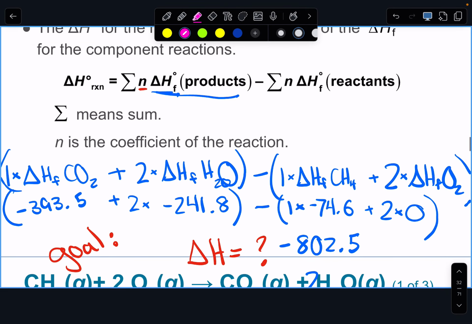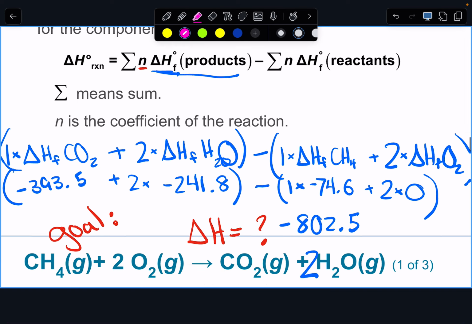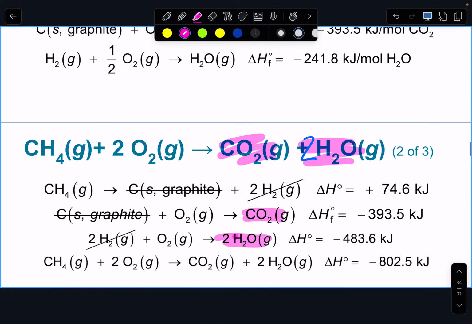We subtracted it, which was changing the sign. It's the same thing. So ours became a positive 74.6. So did theirs because they flipped the equation around. So then they got 1 mole of CH4 and 1 mole of CH4. And then the O2, nothing happened there, so we didn't need to write that down. It would have just been a 0 value.